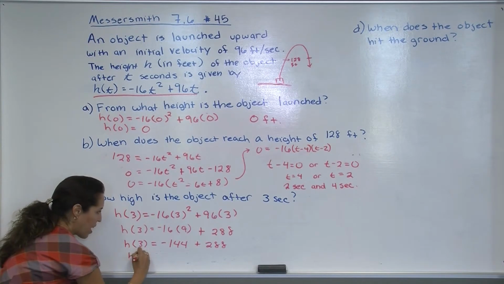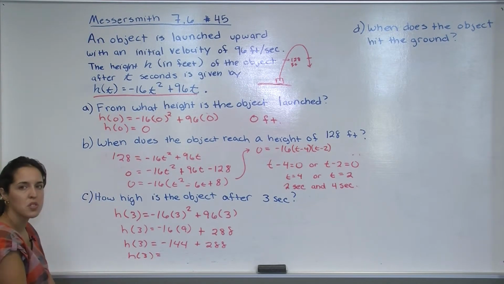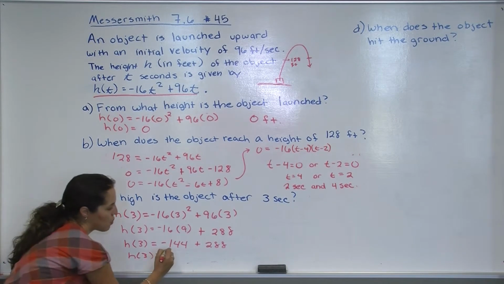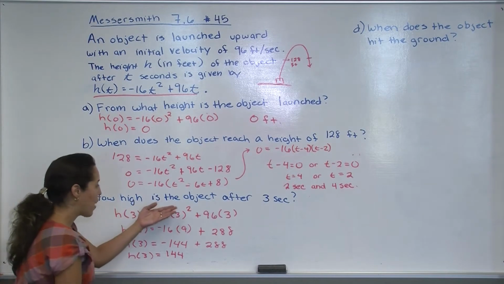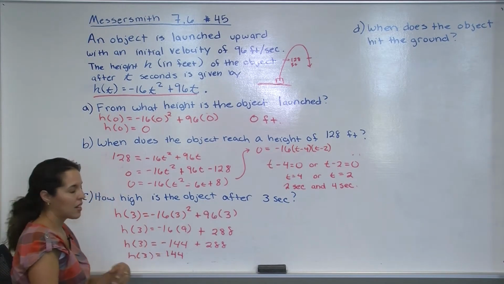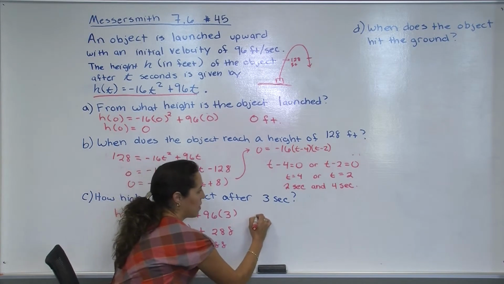We're almost at our answer. h of 3 is equal to -144 plus 288, which is +144. So our answer for how high the object is after 3 seconds is 144 feet.